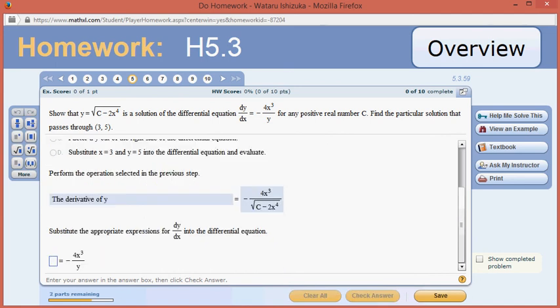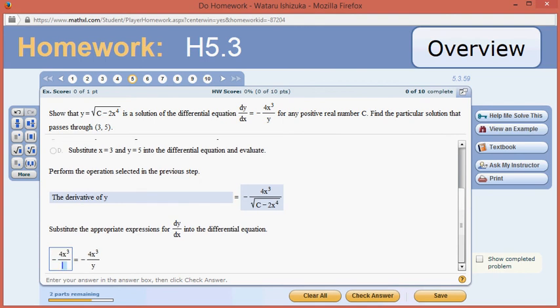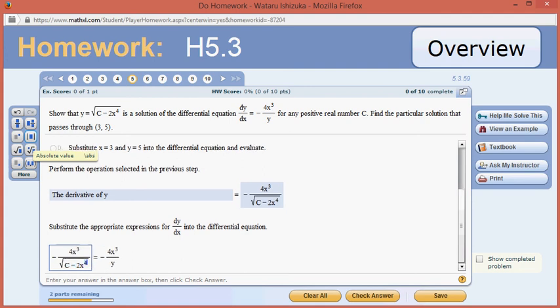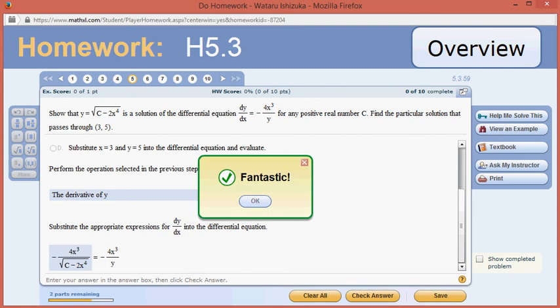Alright, then we substitute the appropriate dy over dx, so we already found that, so it's negative 4x cubed, then divided by square root of c minus 2x to the fourth power. Alright, check the answer. Got that.